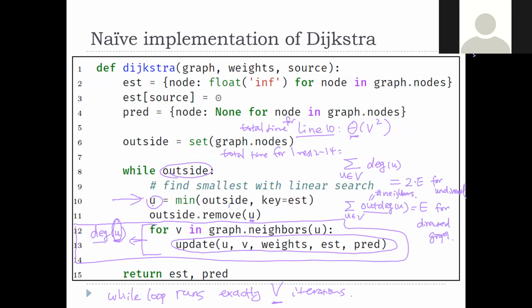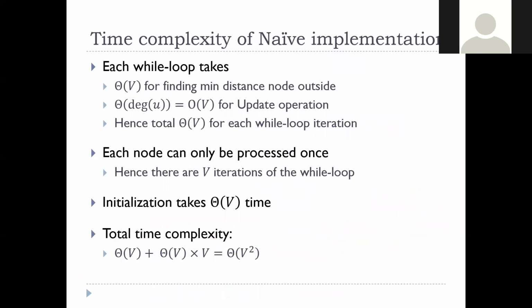Putting everything together, the total time complexity becomes order of V squared plus order of E. But we know that E is always at most V squared, so together this is order of V squared.